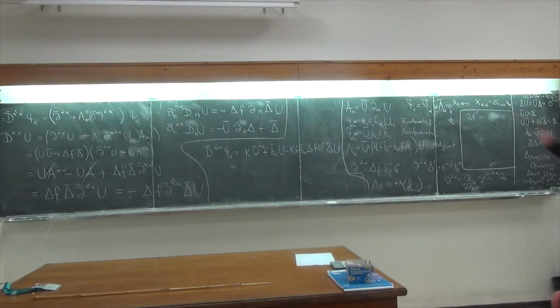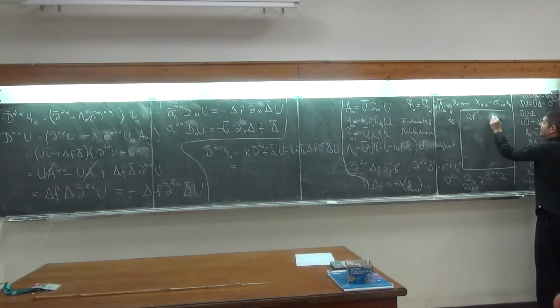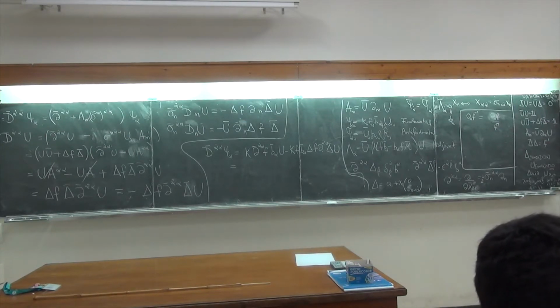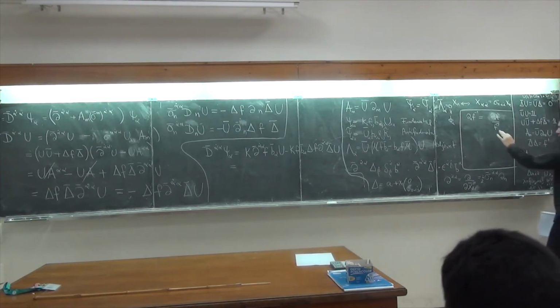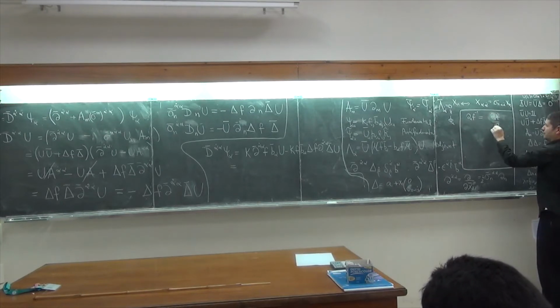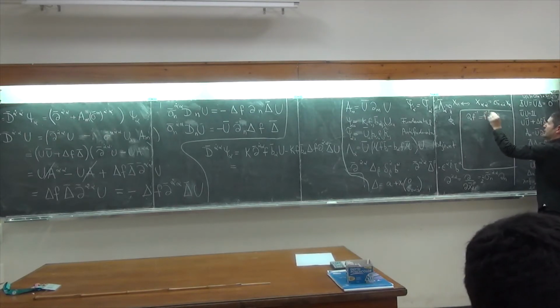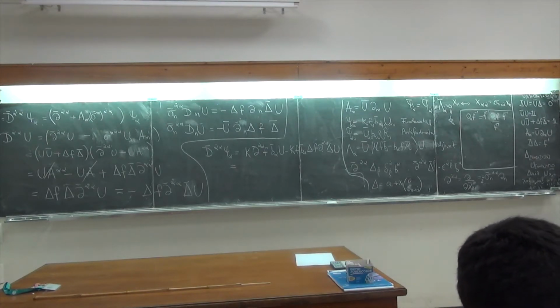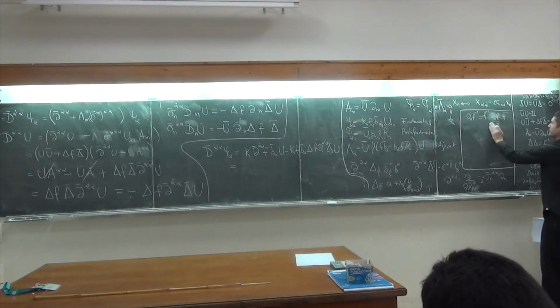If f were a number, you would say that this is dn of f over f squared. But f is a matrix. The formula is exactly the same, it's just that this f minus 2 you write like f minus 1. For a matrix, this is the rule.